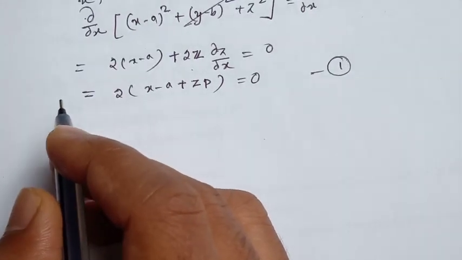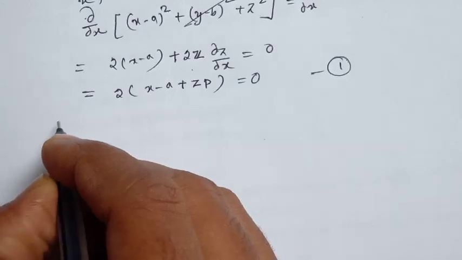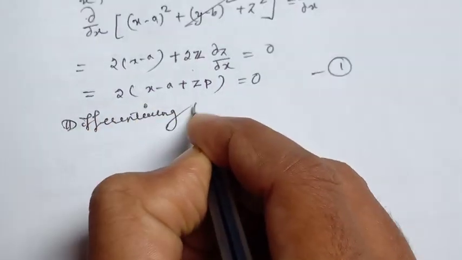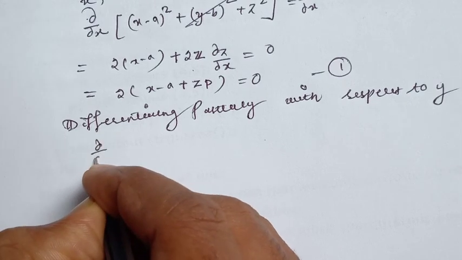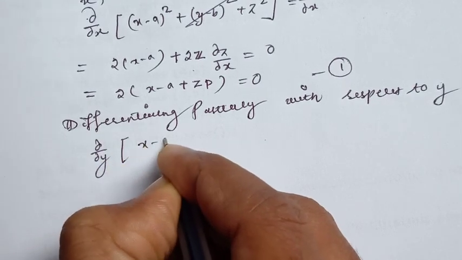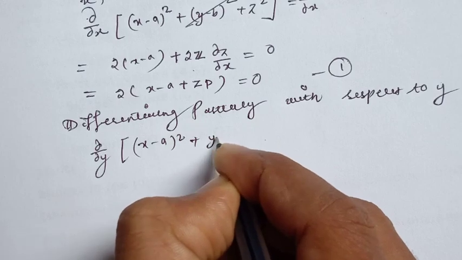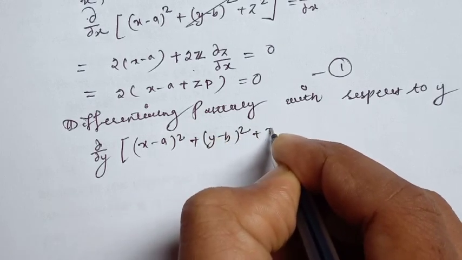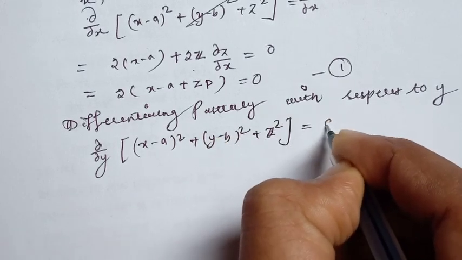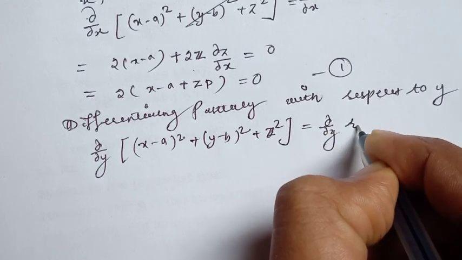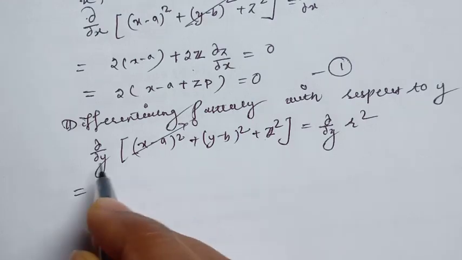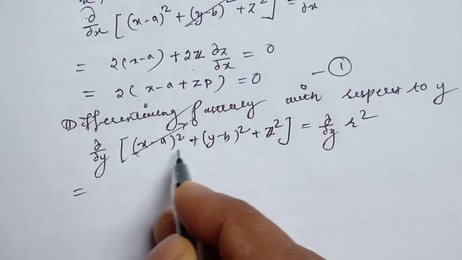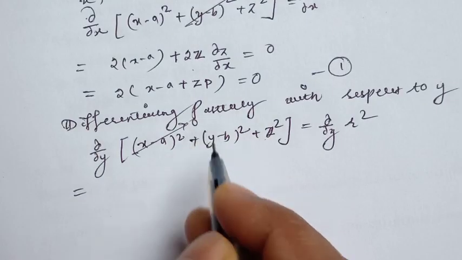Now again differentiating partially with respect to y: ∂/∂y of [(x − a)² + (y − b)² + z²] equals ∂/∂y of r². The function of x will be 0.